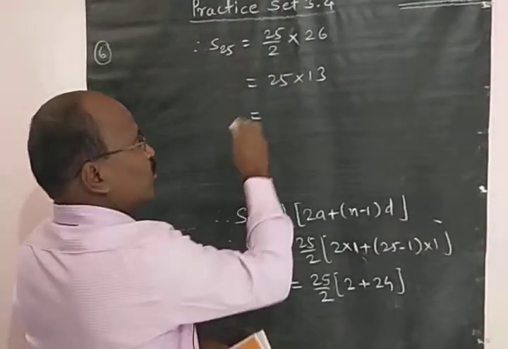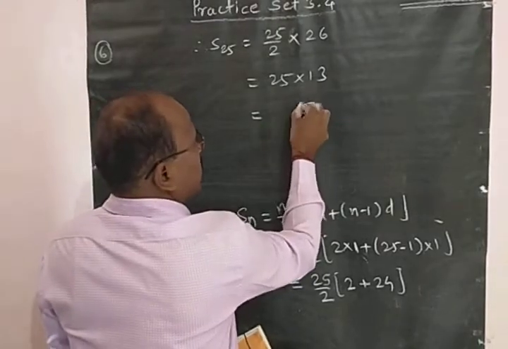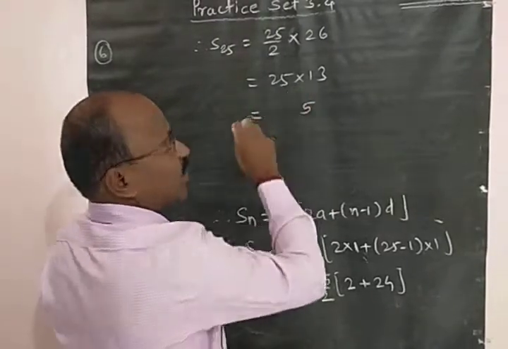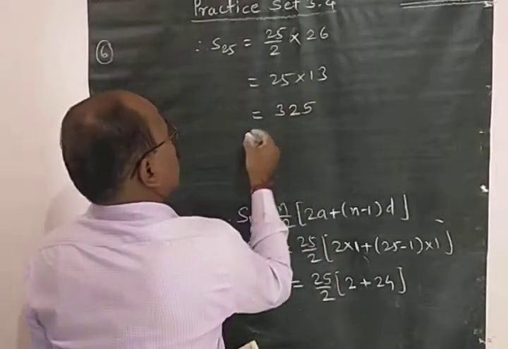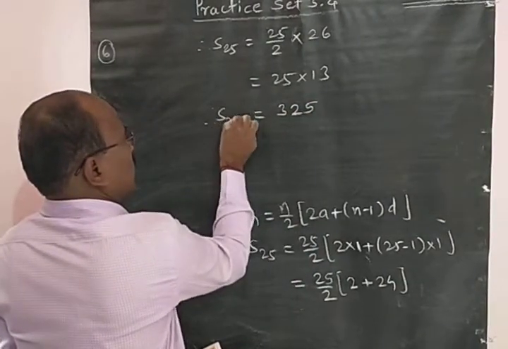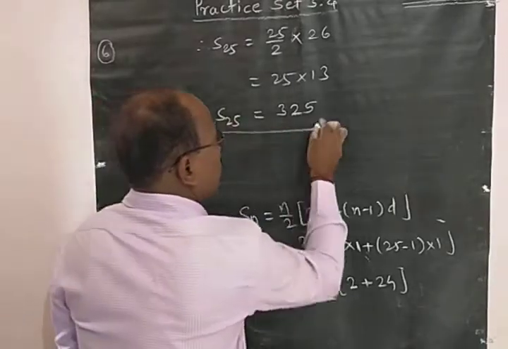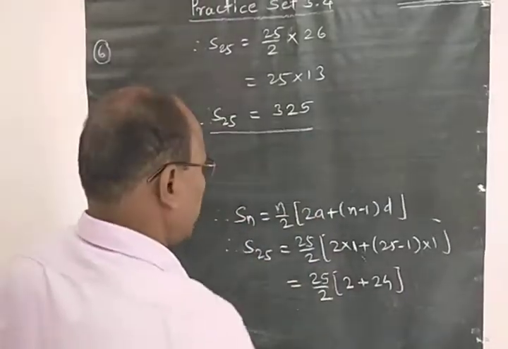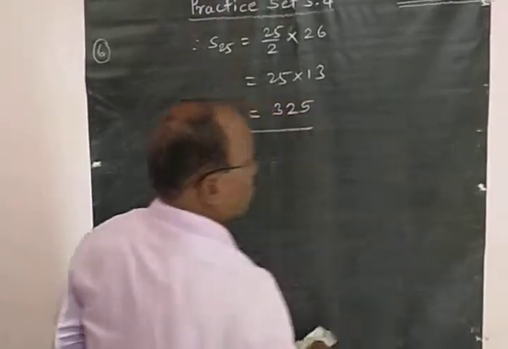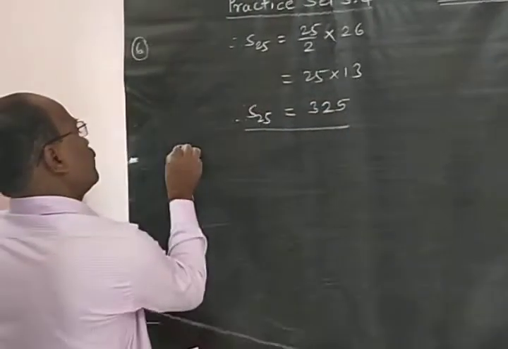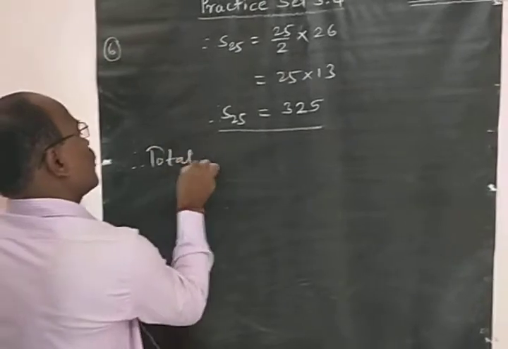That is equal to 25 times 3 is 75. Carry 7. 25 times 1 is 25 plus 7, 32. So S25 is equal to how much? 325.